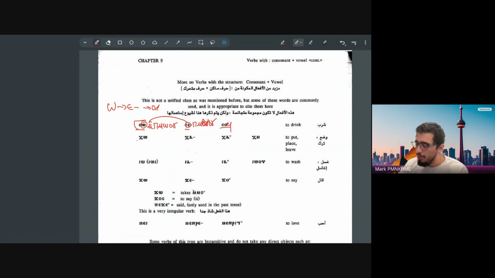Other verbs, you have ko, you have ka. Forget about these for now. Yo means wash, and then ya, jo. And for the kos, apparently a lot of the words used to have a vowel shift that happened in the Mediterranean sometime before Coptic, where a lot of sounds became an O, but because these infinitive forms were protected by the words that come after, it prevented the vowel shift.